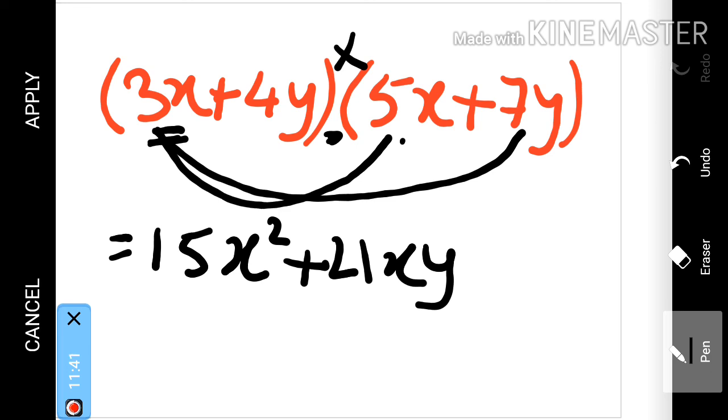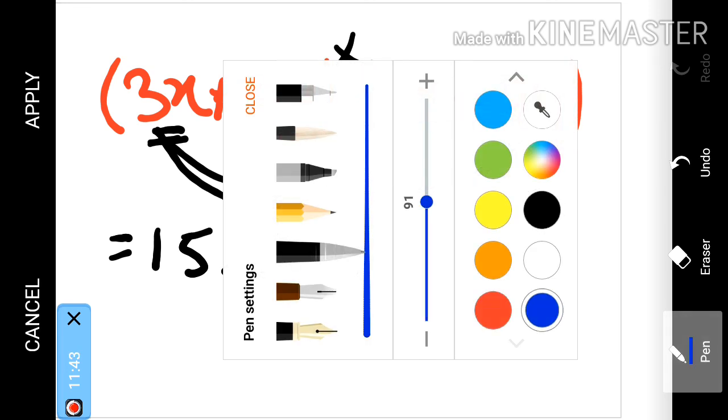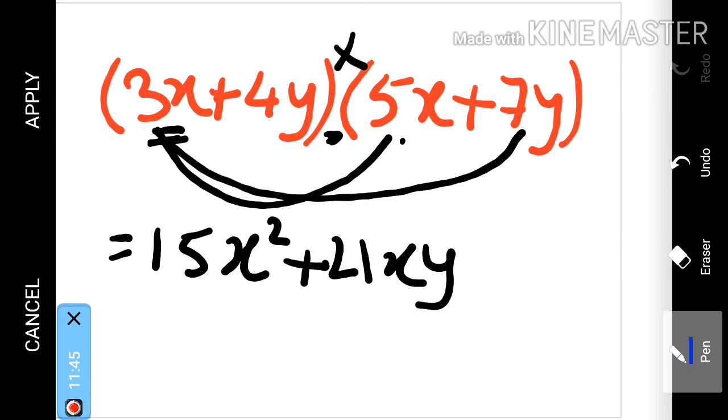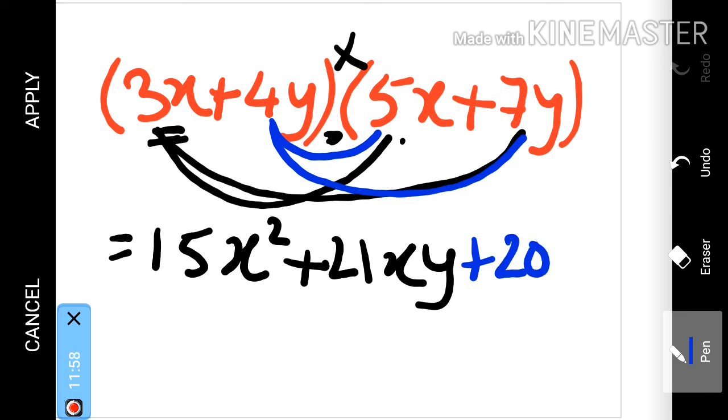Now what is left here? 4y. 4y is going to multiply with 5x and 4y is going to multiply with 7y, right? So plus 4 5s are 20. Y into x or x into y becomes xy.